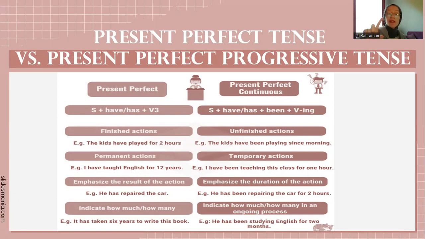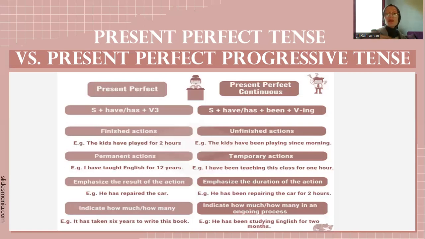At the end of the verb we add ing because there is a continuous, ongoing thing. So let's look at the examples. Present perfect has unfinished actions, but continuous tense has unfinished actions too, of course.